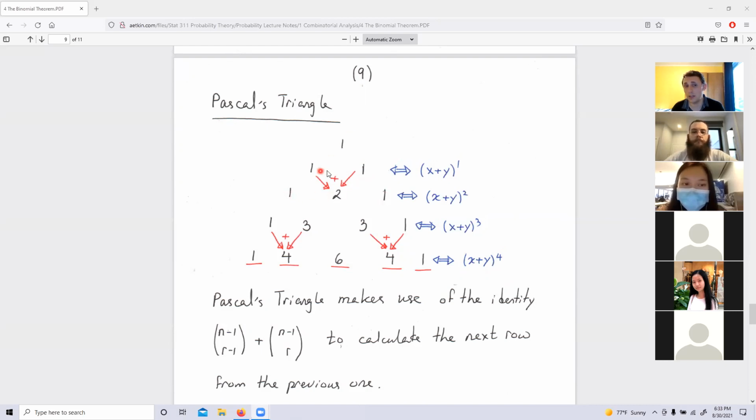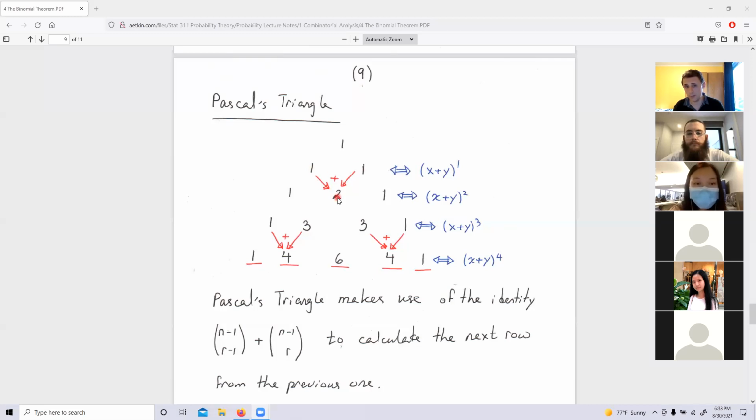So first is 1, then this width is 2, this width is 3, this width is 4, 5, and onwards, right? So the pyramid is growing by 1 number wider. Now these numbers are 1 and 1, and then this is 1, and then the middle number you just place between 1 and 1, you place the sum.